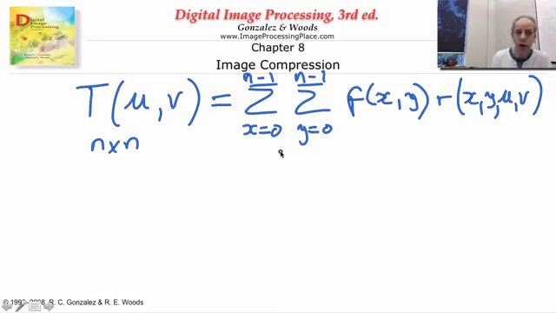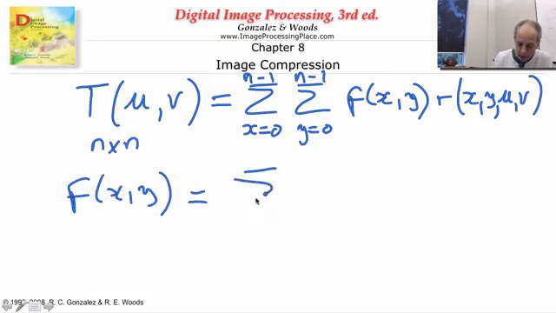Now, of course, a transform is only useful if you actually can invert it. It won't be very nice if you give me an image, I go into a transform domain, and then visually I don't understand what's going on there. So there's also an inverse formula, so I can get back f(x,y).